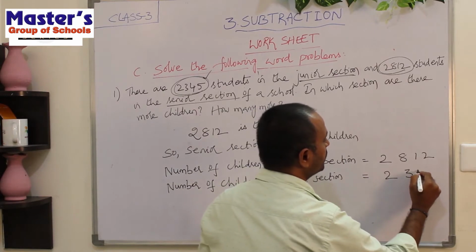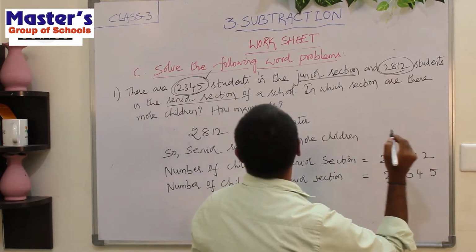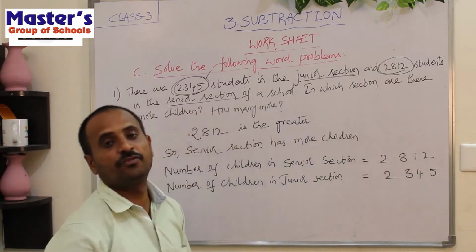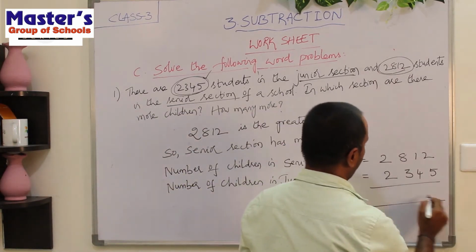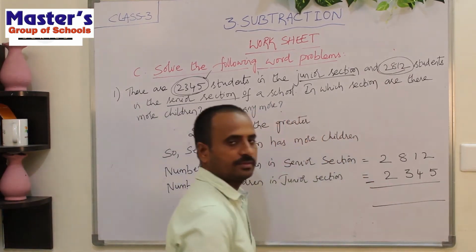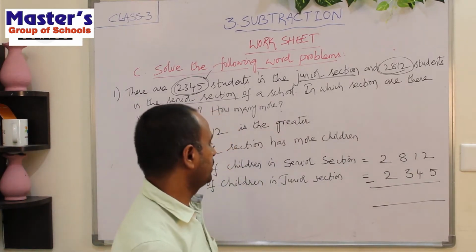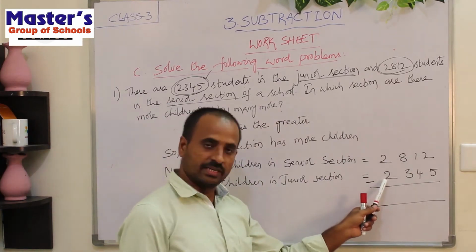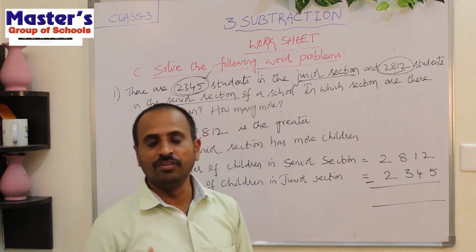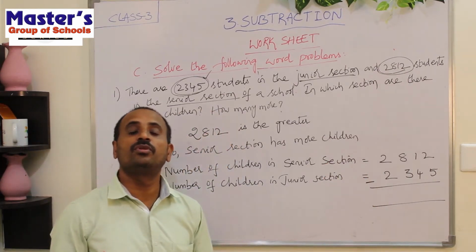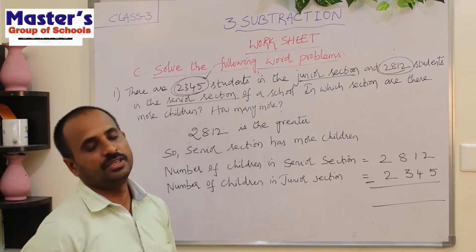So write this number below the greater number and now do the subtraction. If you subtract the children in the junior section from the children in the senior section, then we will get how many more children are in the senior section.